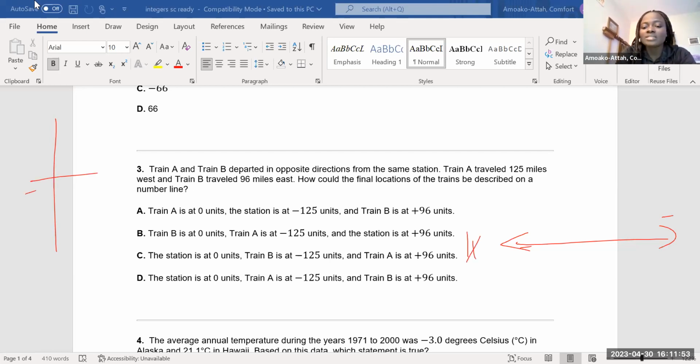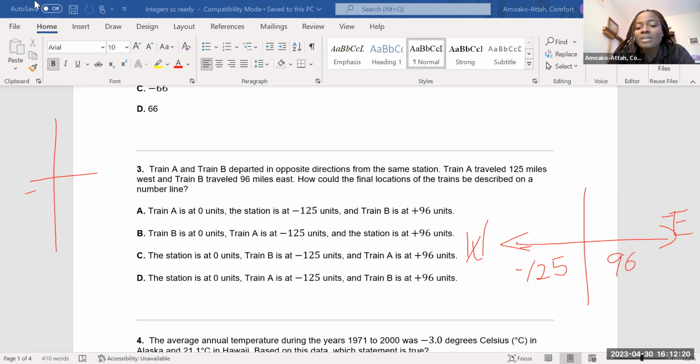So this is the west. So negative 125. And train B traveled 96 miles east. So this is your east, and that is where the positive values also fall, right? Okay. So we have negative 125, then 96 to the east.